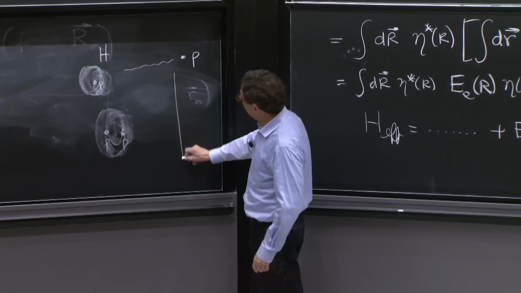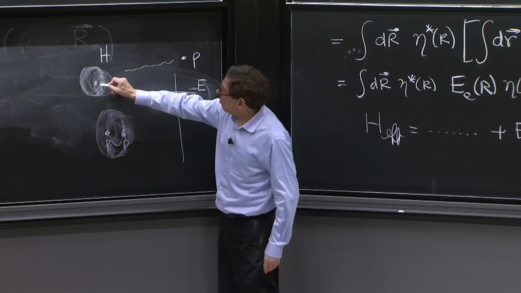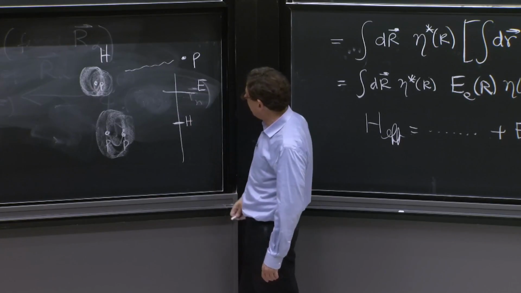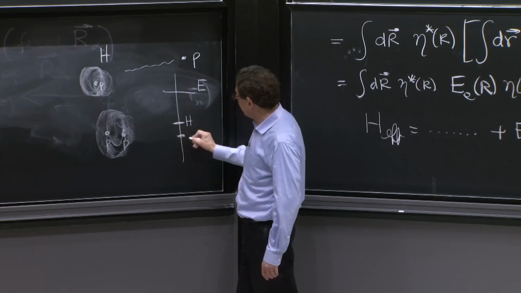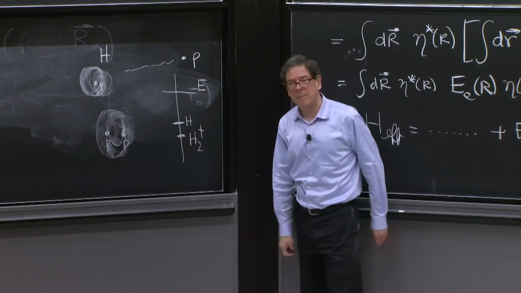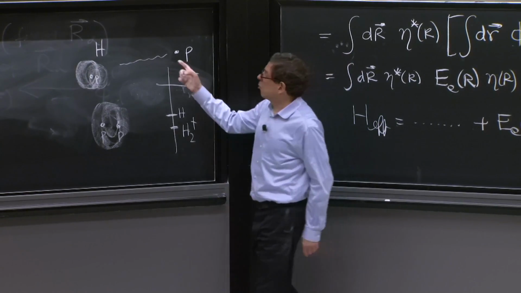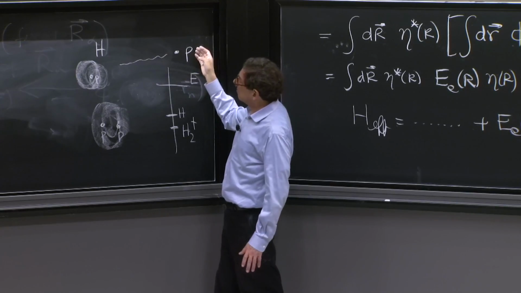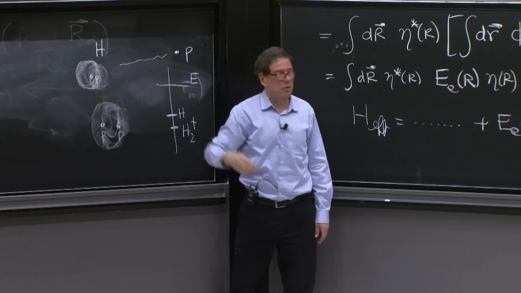So if you think of energies, you have the bound state energy of hydrogen here, hydrogen itself, and the H2 ion, H2 plus, must be lower. Because you could imagine taking the proton out, and somehow this system is a configuration in which this proton is captured here.